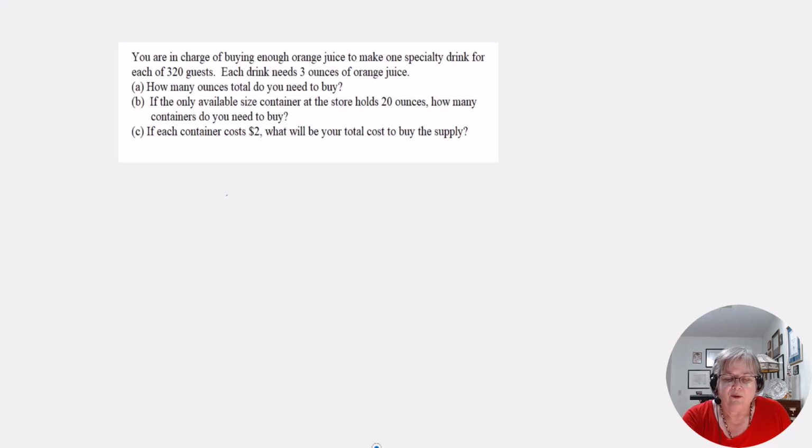So I have 320 guests. Each one needs 3 ounces in each drink. Only going to get 1 drink apiece. All right. So 3 times 320. 3 times 0 is 0. 3 times 2 is 6. 3 times 3 is 9. So I'm going to need to buy 960 ounces. So this is the answer to A.